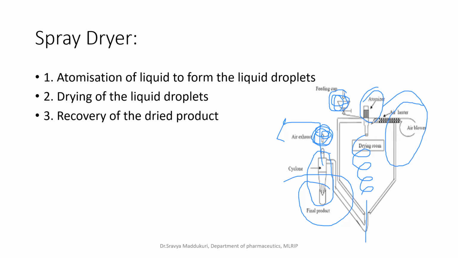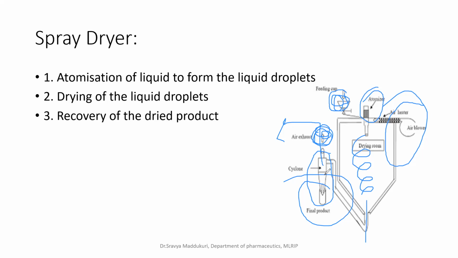There are also other atomizers, like the rotary atomizer, but we use a spray disc atomizer. And the bottom of the dryer is connected to a cyclone separator. I already told you the purpose: to separate the fine particles escaping along with moisture.